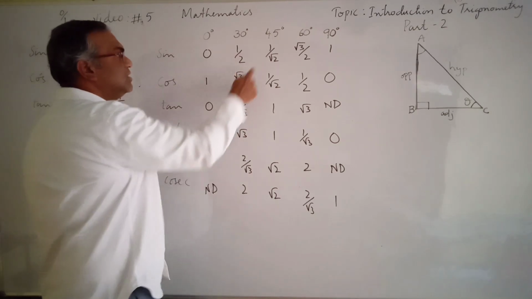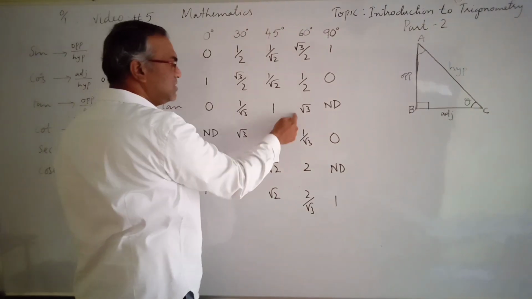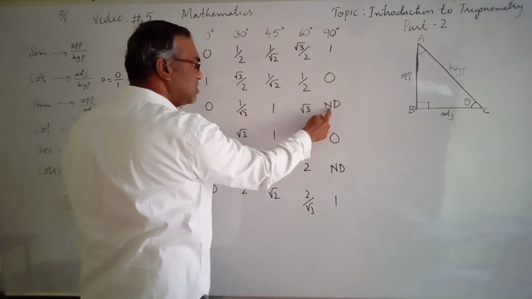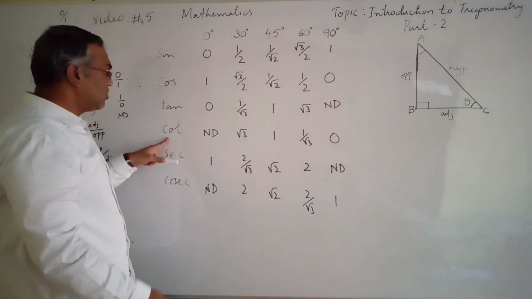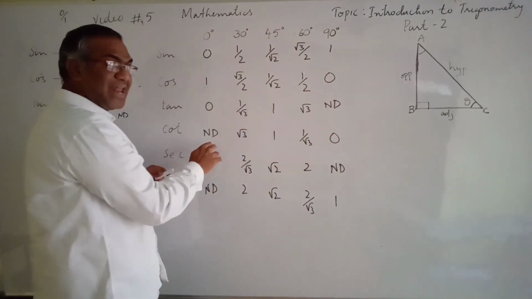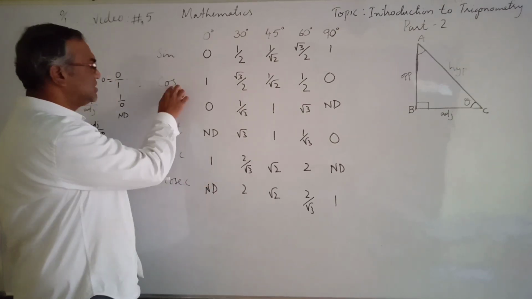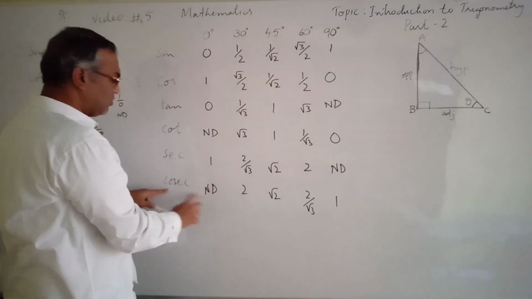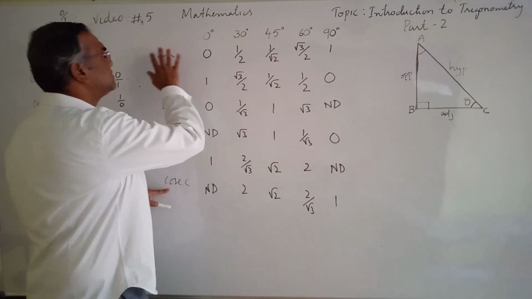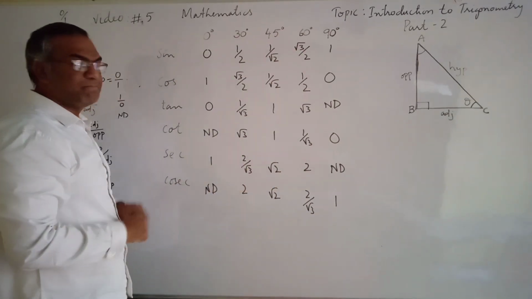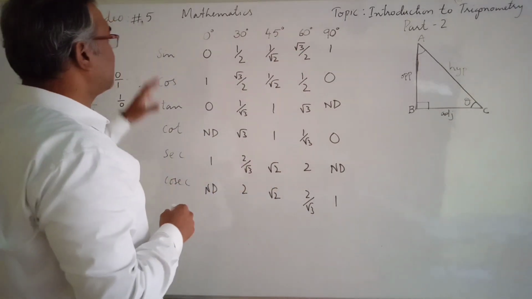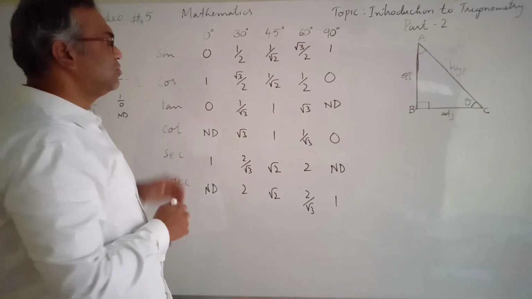Then for cot, write the reciprocals of tan. For sec, write the reciprocals of cos. For cosec, write the reciprocals of sine. That's it. You have to remember this table.